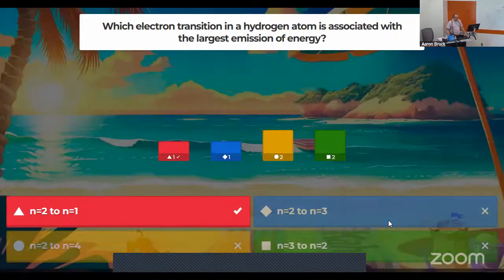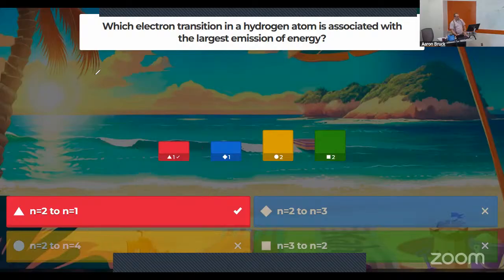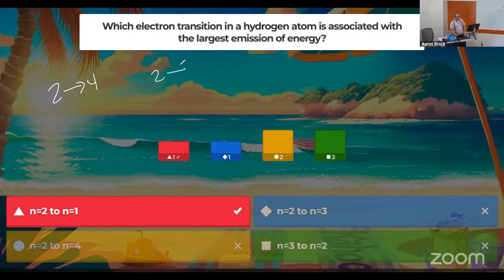Ooh, very split. Okay, couple of things here. First of all, we should have been able to eliminate almost immediately half of the responses. Because if I'm going from 2 to 4 or from 2 to 3, the result is not going to be an emission of energy.